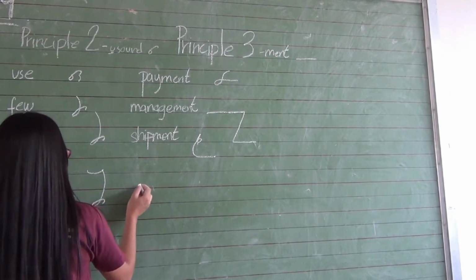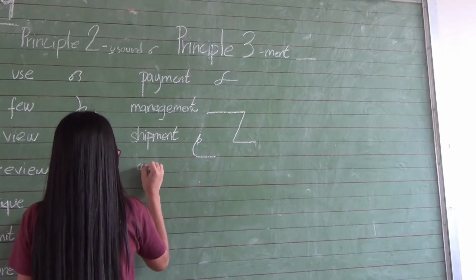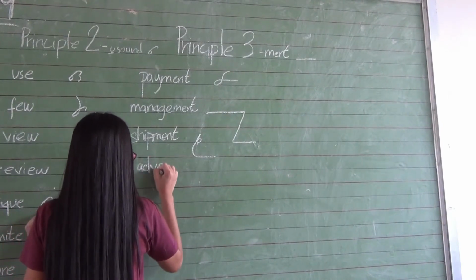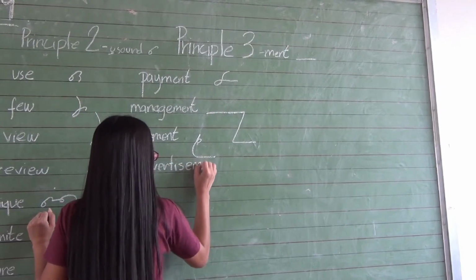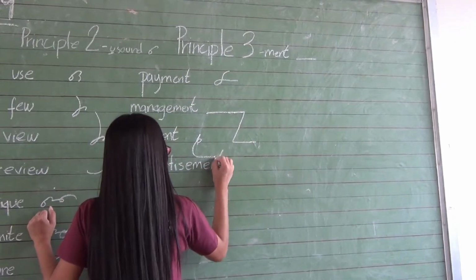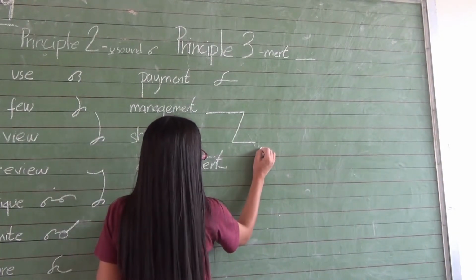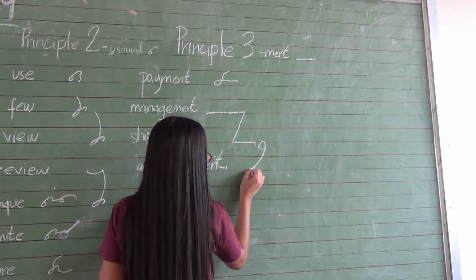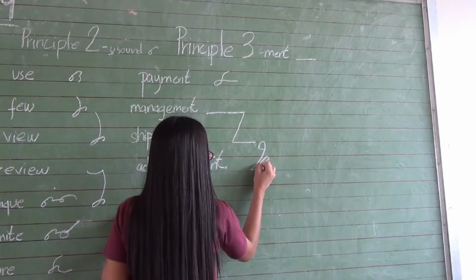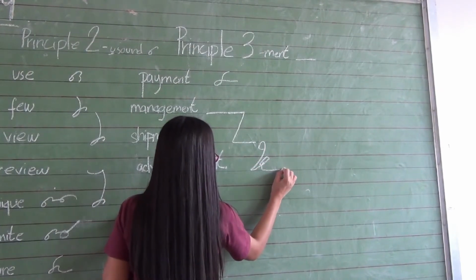Next, advertisement. It is represented by A stroke, V, T, broken I, and left S with M stroke.